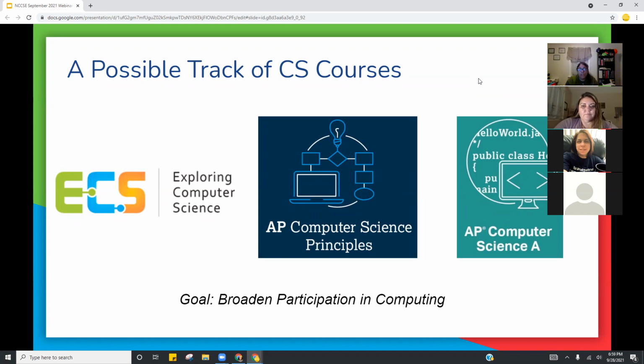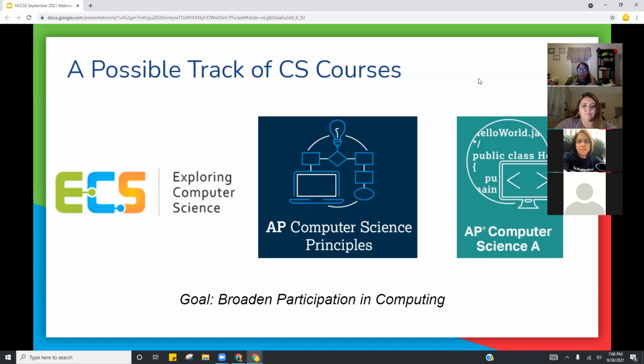But one that we often suggest and see emerging is having an intro Exploring Computer Science course that is then followed by a Computer Science Principles program. It includes programming, but the other principles of computer science are also involved. And then moving students on to AP Computer Science A, which is focusing on Java programming.